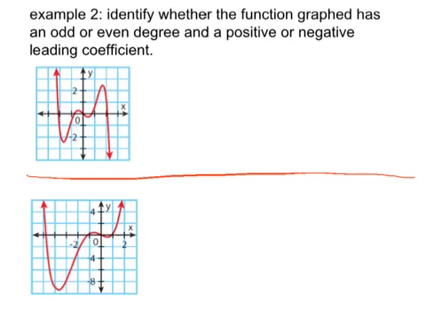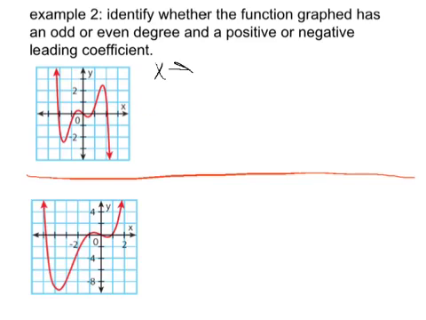Okay, different way we can look at these problems is by identifying whether the function graphed has an odd or even degree and a positive or a negative leading coefficient. So what we do is we look at these graphs. As x is going to positive infinity, what is your function doing?